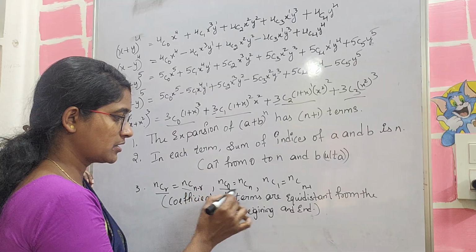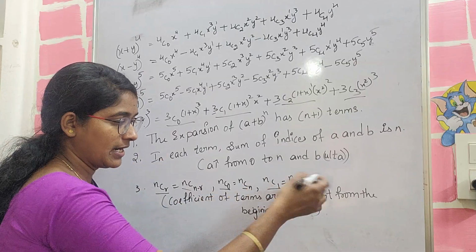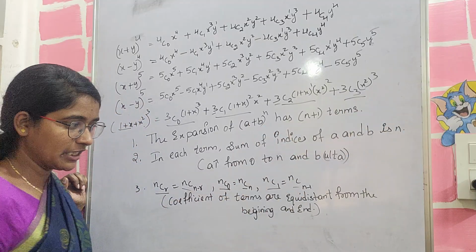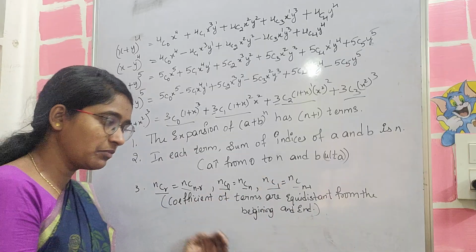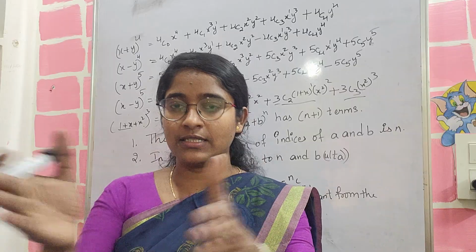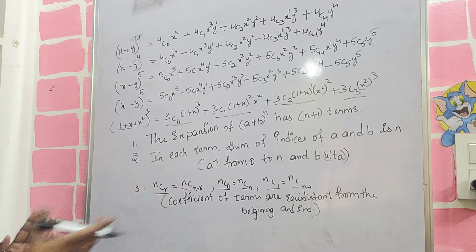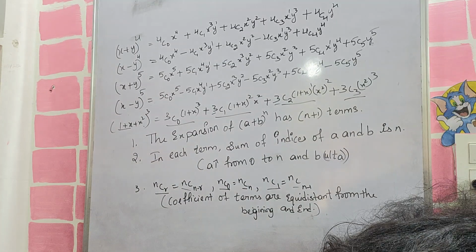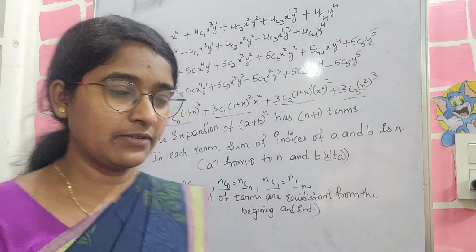The first and last term values are equal to 1, and the second and the second from the last are also equal. So the coefficients of terms equidistant from the beginning and the end are equal. This is a basic part we have learned. Then we'll go to the sub problems and check it.